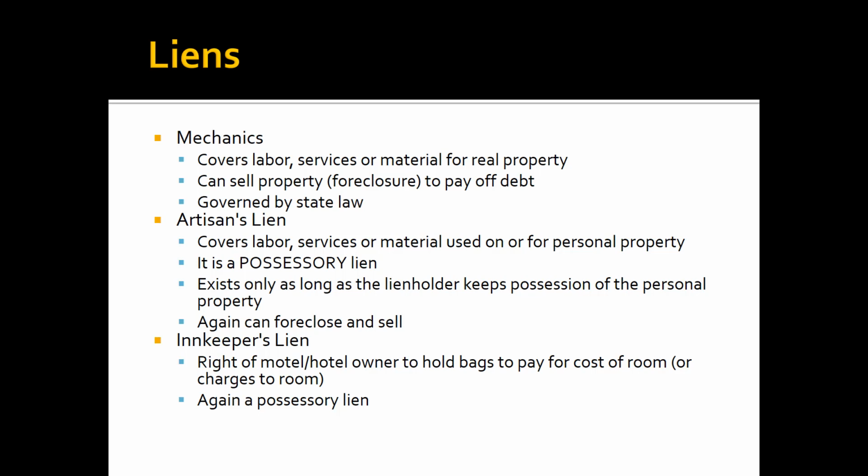So when we're talking about a mechanic in the old sense of the word, which is carried over into the law, a mechanics lien is when you do something for real property, for real estate. So if you went in and installed a sink like a plumber, or put in kitchen cabinets like a carpenter, or put a floor down, or put in lighting in a house, and you didn't get paid, what you could do, and I'll show you a form of those in a bit, is that you can file a lien against that property.